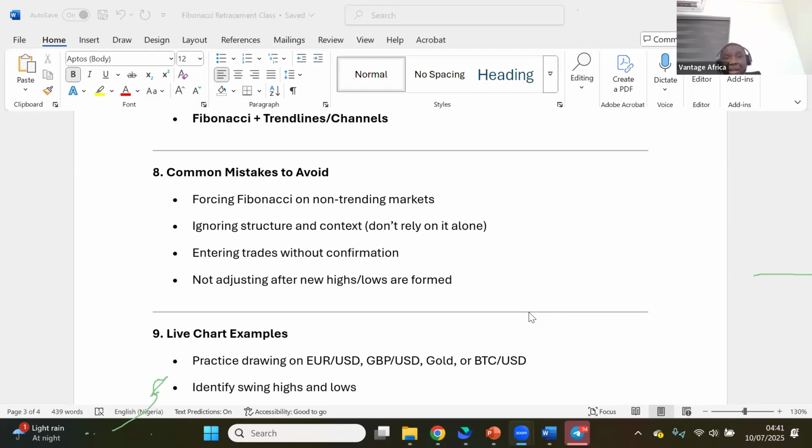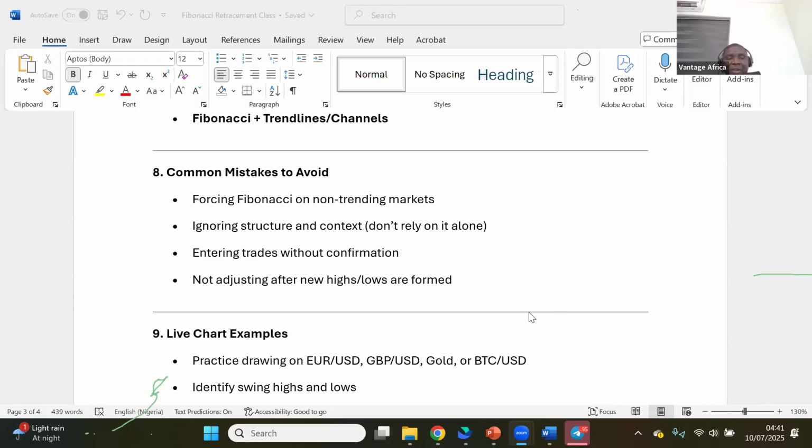Unfortunately, it's not even possible to have such a thing. Just like you cannot predict the emotions of people, if you're on the road going wherever you're going, you don't know what the other driver on the road is going to do. You have no idea. There's no way to know what actions another person is going to take, the sentiments another person is going to display. Because of that, you can't have one single tool that will tell you how to read the market 100% all the time. It doesn't work that way.